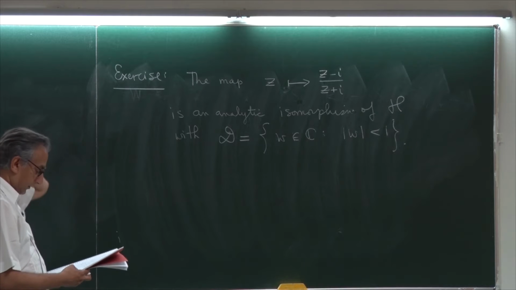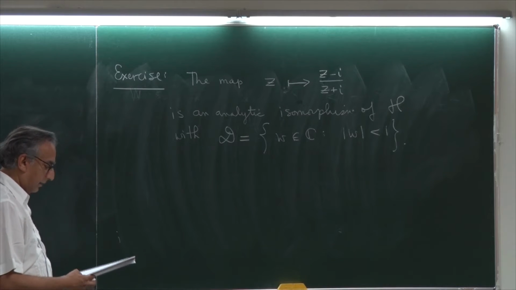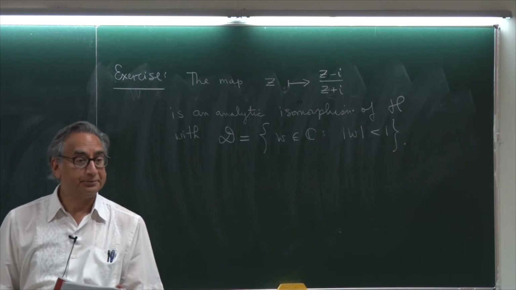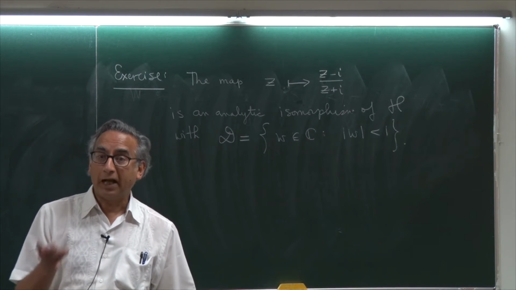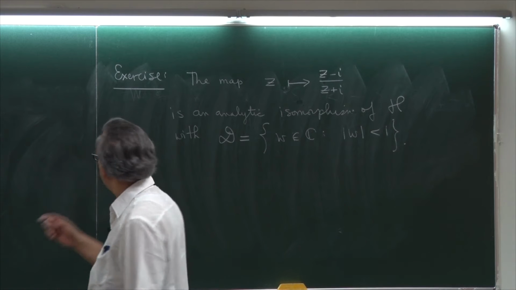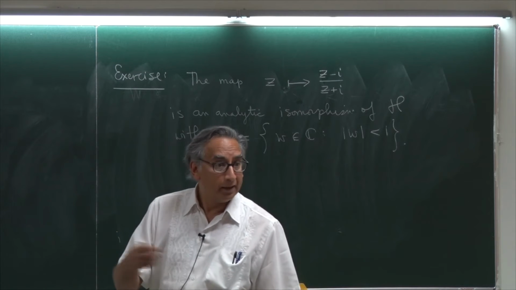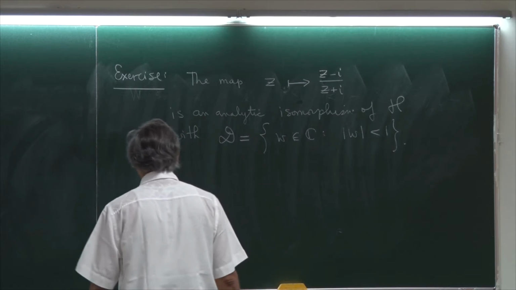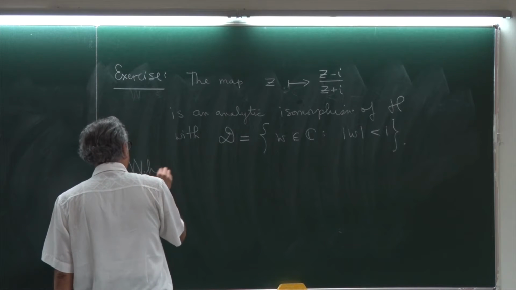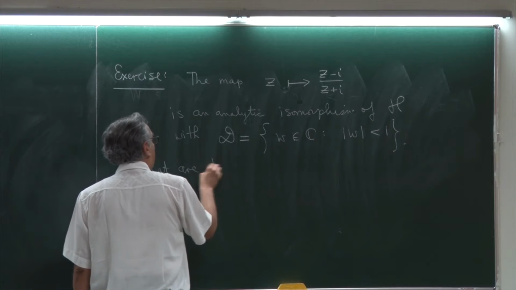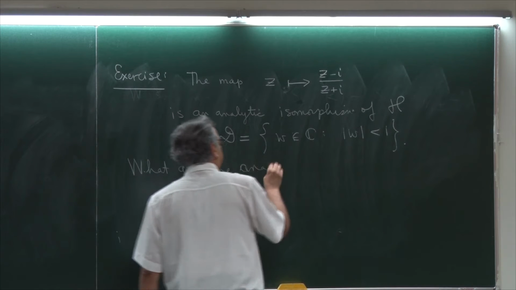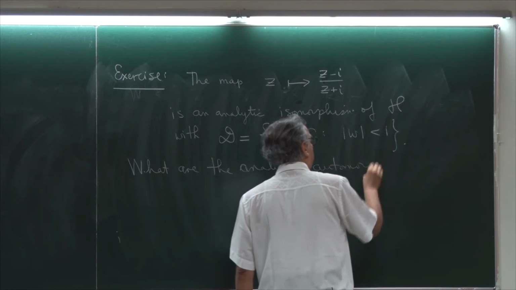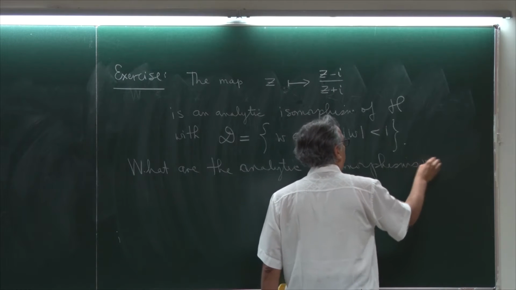This fact will be useful in a moment, because I'd like to understand what are the analytic automorphisms of the upper half plane. What are the maps of the upper half plane which are analytic maps, which are invertible also, analytic homeomorphisms. So what are the analytic automorphisms of H?